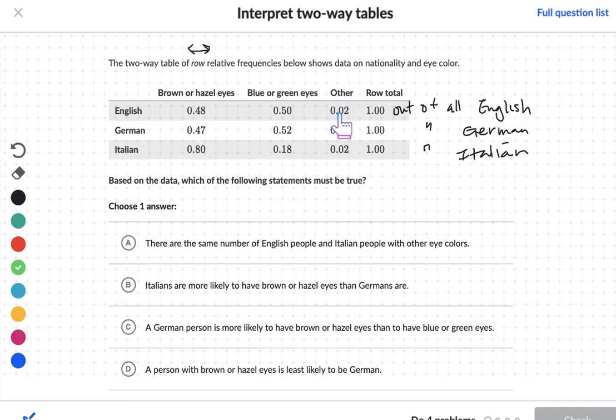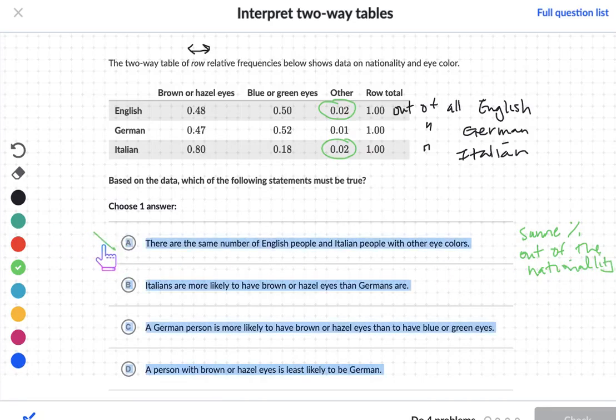Let's see, English people and Italian people. Same number with the other eye colors. It's the same percent out of the nationality. That is true.